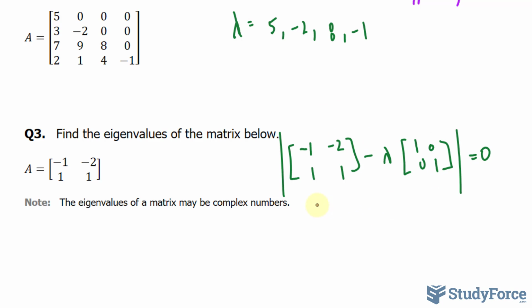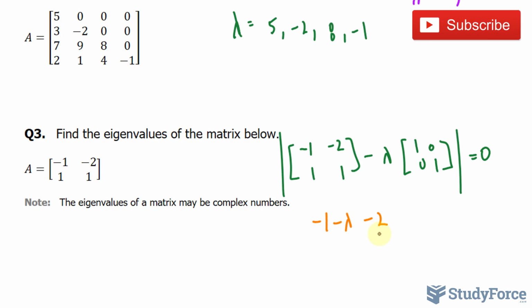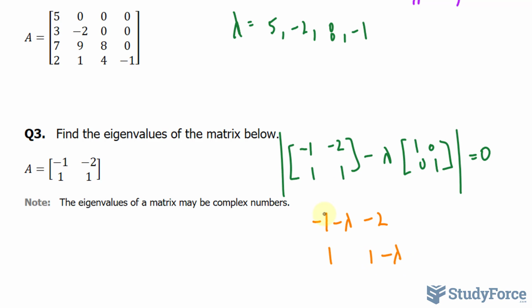Anyway, after subtracting these two, you should end up with -1 minus lambda, -2, 1, and 1 minus lambda. So that's one element, that's another, and that's another. And just to show the difference, our matrix is 2 by 2, and these are its elements.